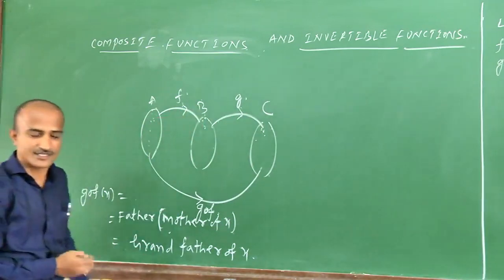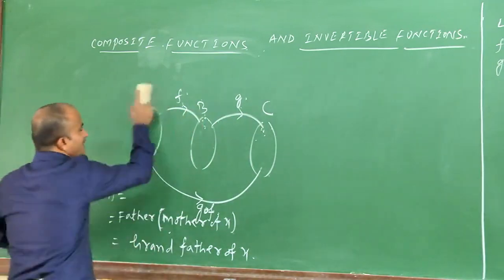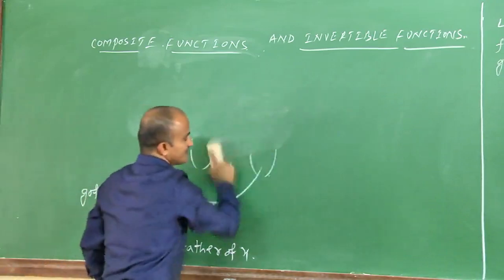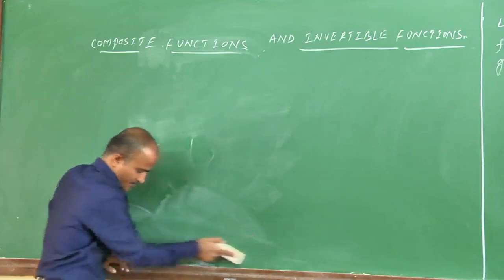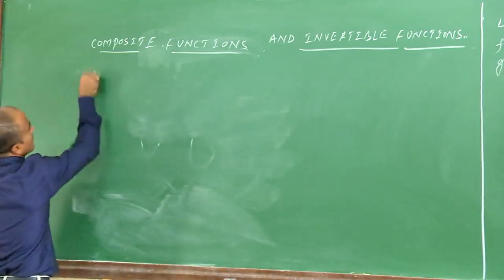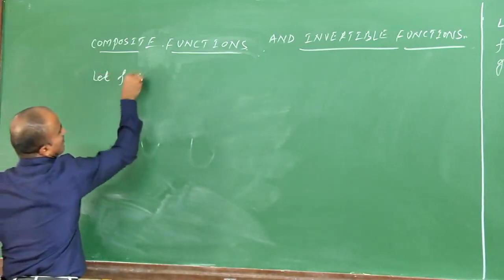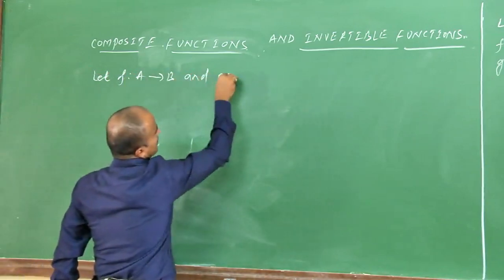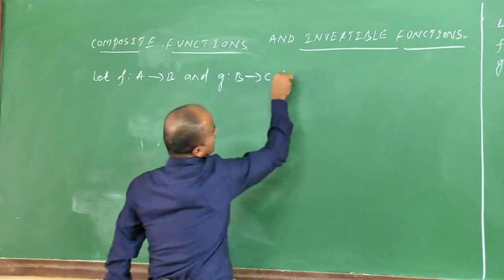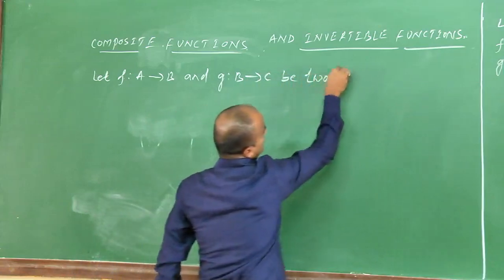of two functions. In general, we can define a composite function as follows. Let f from A to B and g from B to C be two functions.